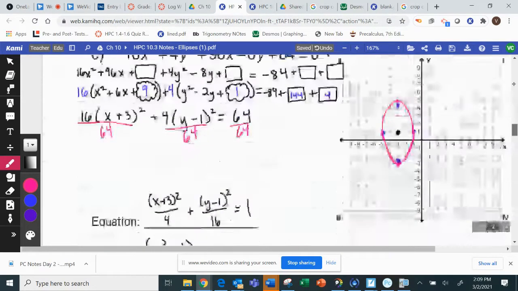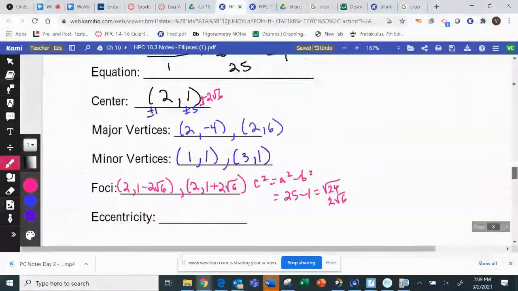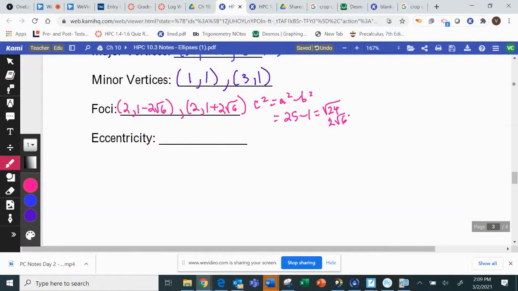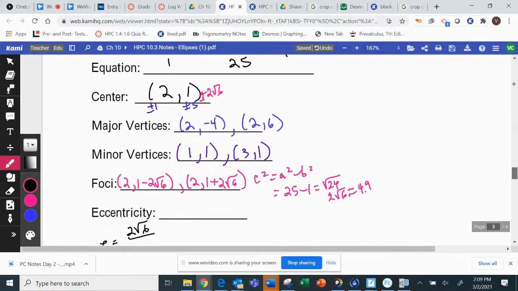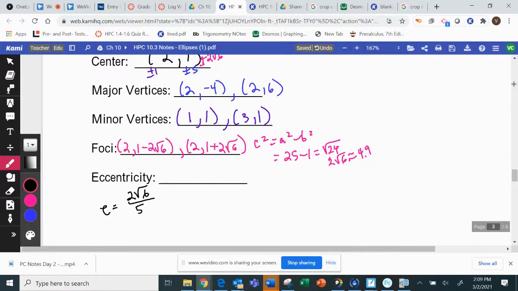Oopsie, too far. And then that 2 square root of 6 is just under 5, 4.9. The eccentricity will be 2 square root 6 over 5.